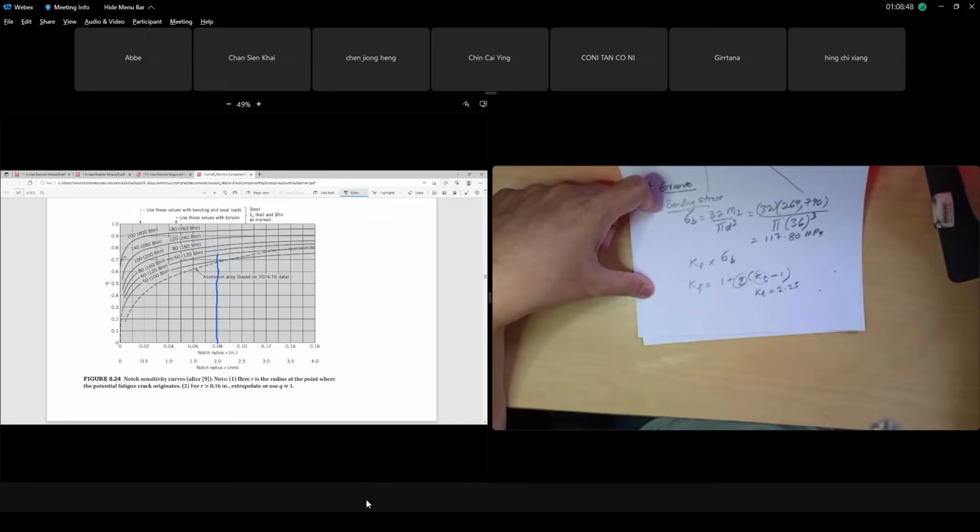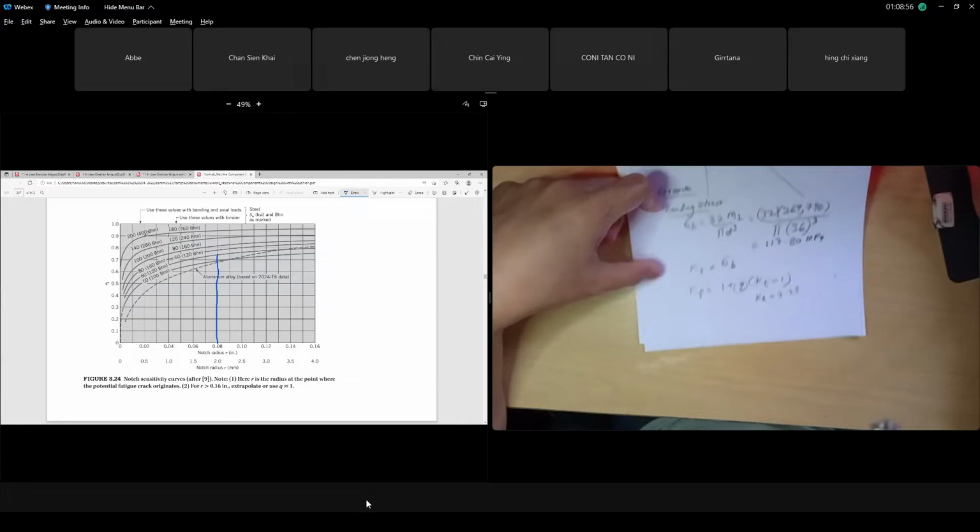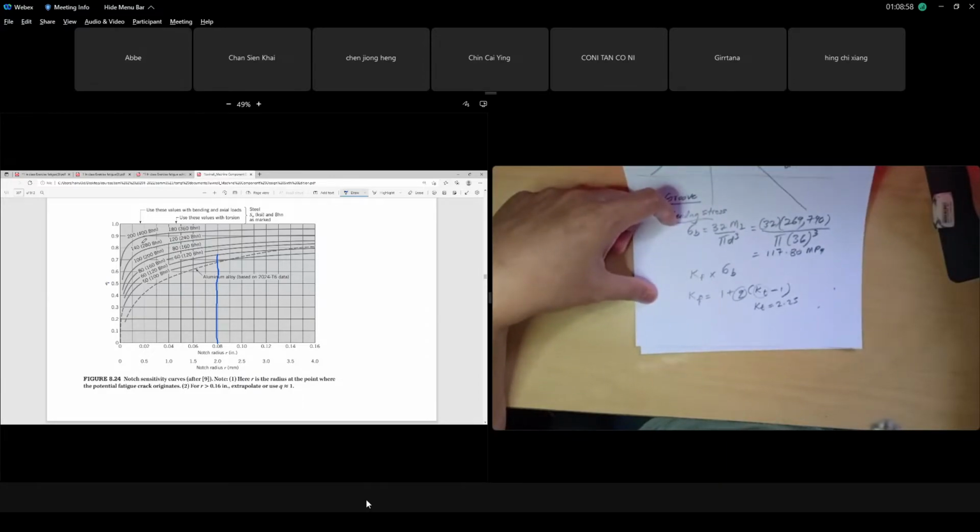If you look, there are a lot of curves, a distribution of curves, and they have a pattern. This one is for 200 BHN. This is Brinell hardness, the value in brackets. The 200 here is the value of SU, but in KSI, the one not in brackets. The bracket you can convert.